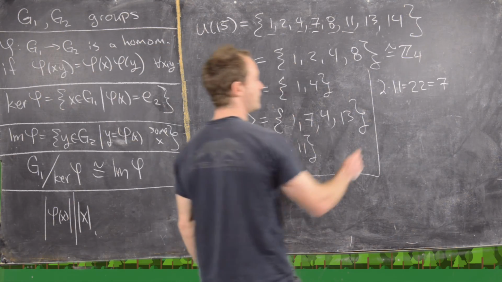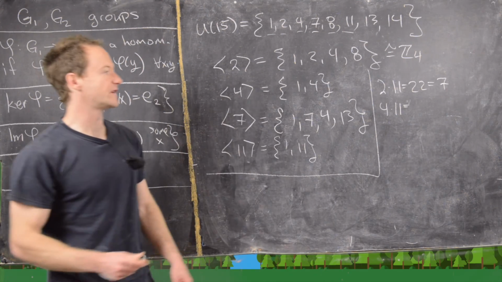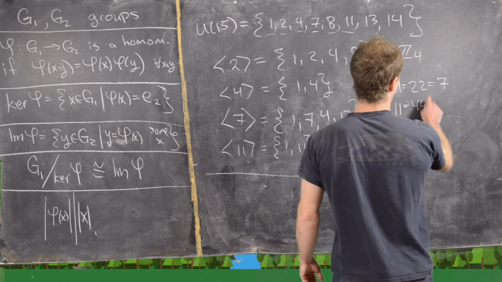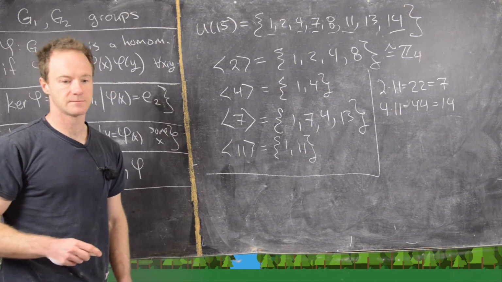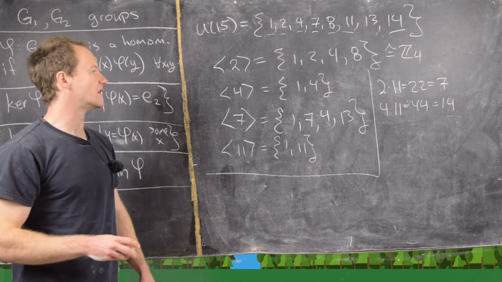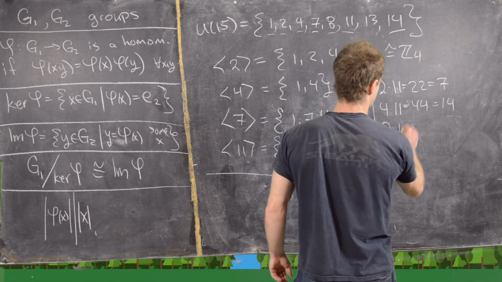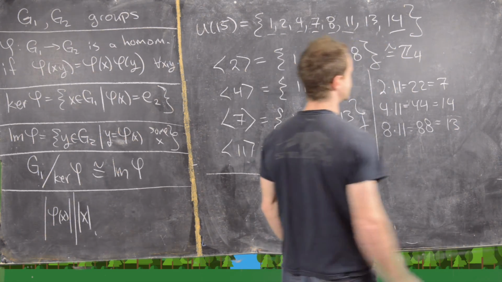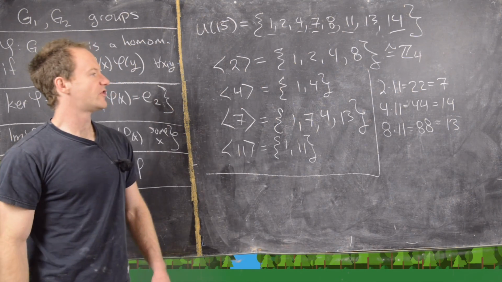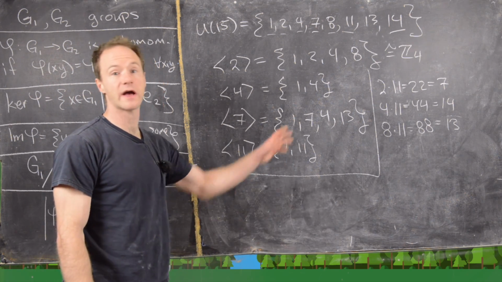If we do 4 times 11, we're going to get 44, which is -1, which is 14 mod 15. Good. And then finally, if we do maybe 8 times 11, we're going to get 88, which you can check is equal to 13 mod 15. Okay, good.